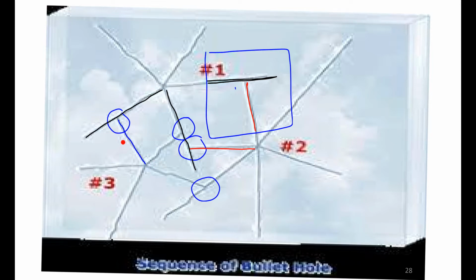So now I'm going to come over here. Notice how here's my blue shot and it stops. Here's my red shot. The fact that this blue shot stops right into this red shot tells me that this red shot existed before this one, so this is shot number 2.